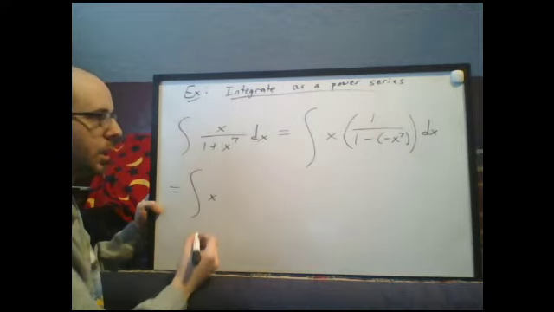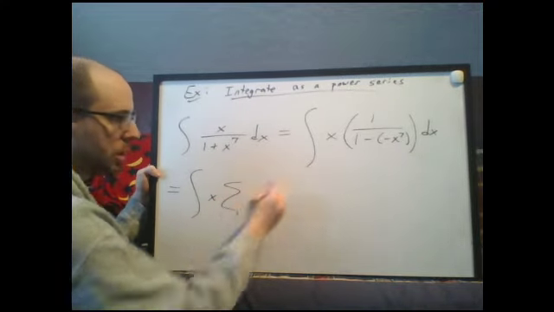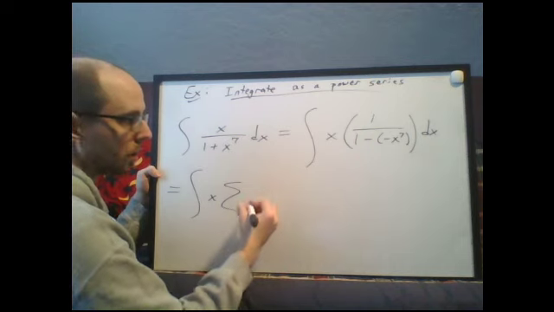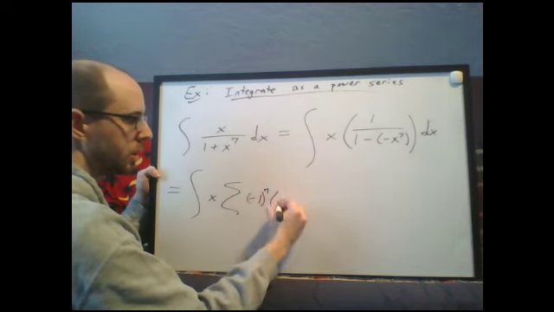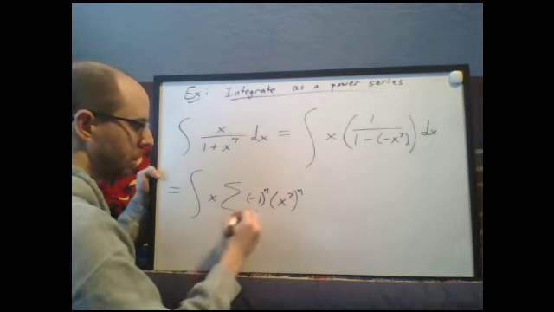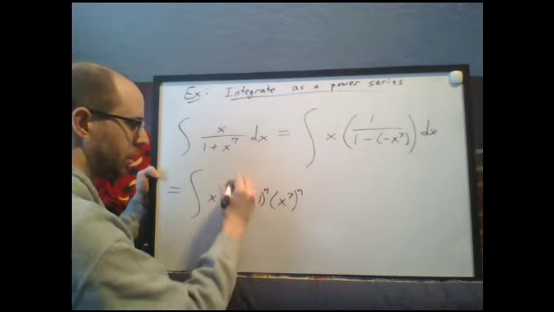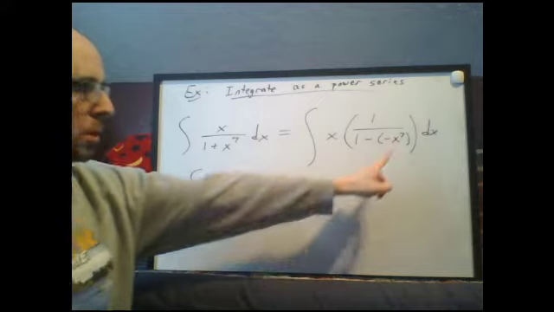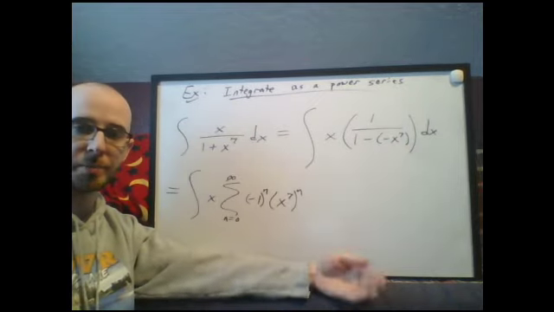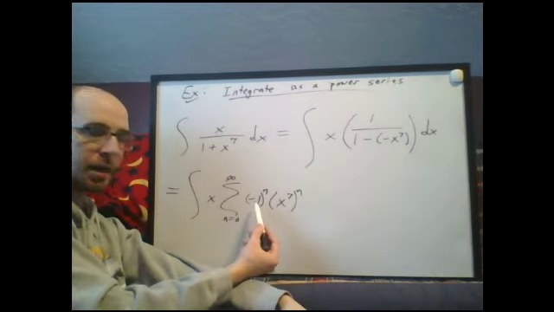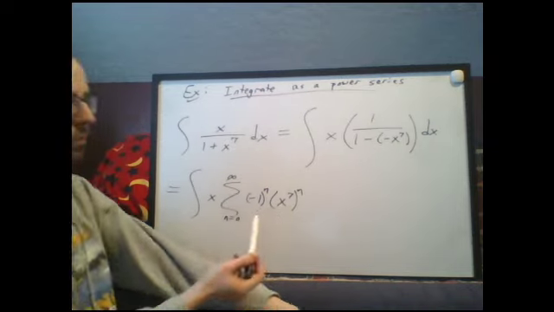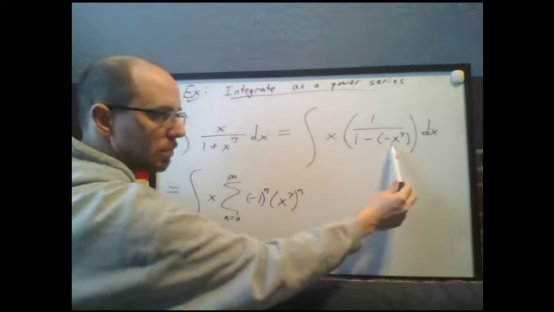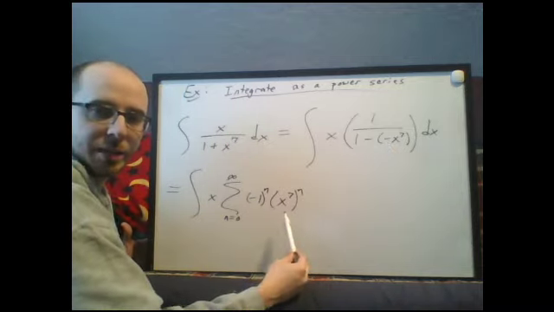This would be the summation, so keep the x, summation of negative 1 to the n times x to the 7th to the n. Okay, I just plugged in negative x to the 7th into my basic power series. So I got a negative 1 to the n and x to the 7 to the n. Whatever's inside here becomes something to the nth power.